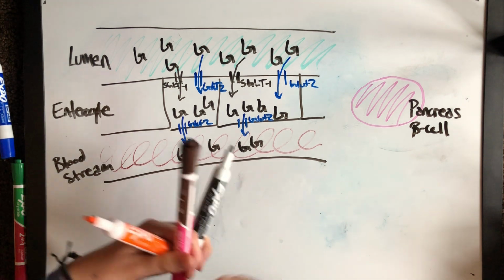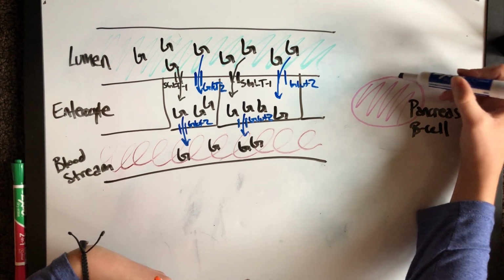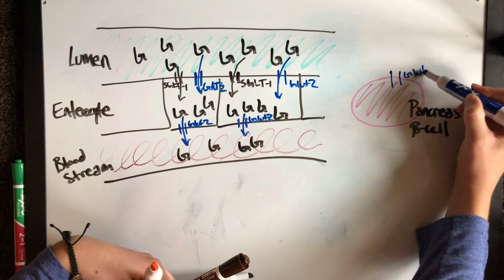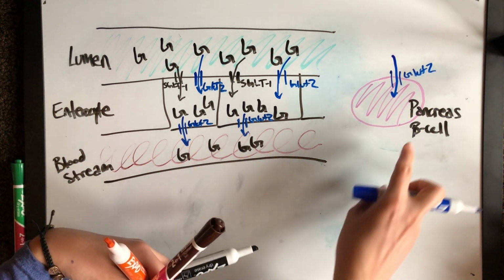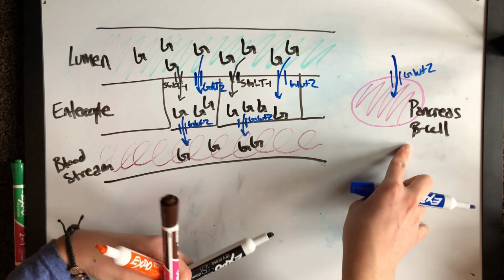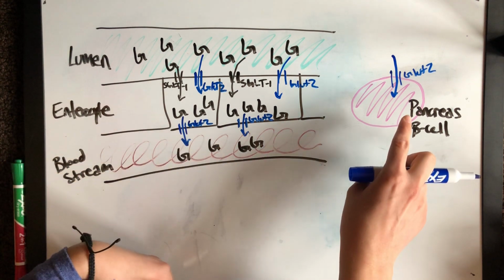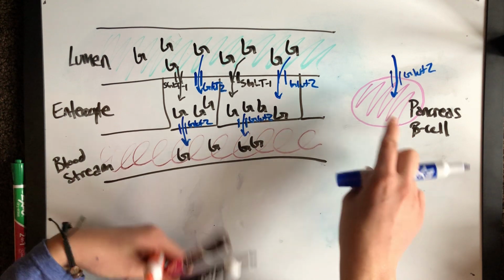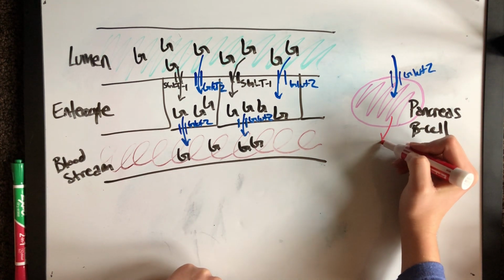Okay, so your GLUT2 is gonna come and insert into this membrane here. And we're gonna get glucose into the cell. And that's gonna alert our beta cell, oh crap, we've got a really high concentration of glucose now because GLUT2 has such a high Km, and that's gonna cause the pancreas to release insulin. So now we release insulin.